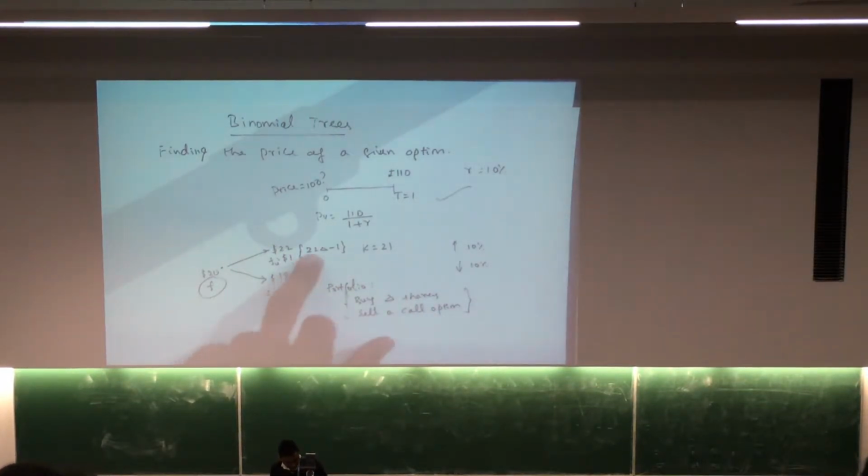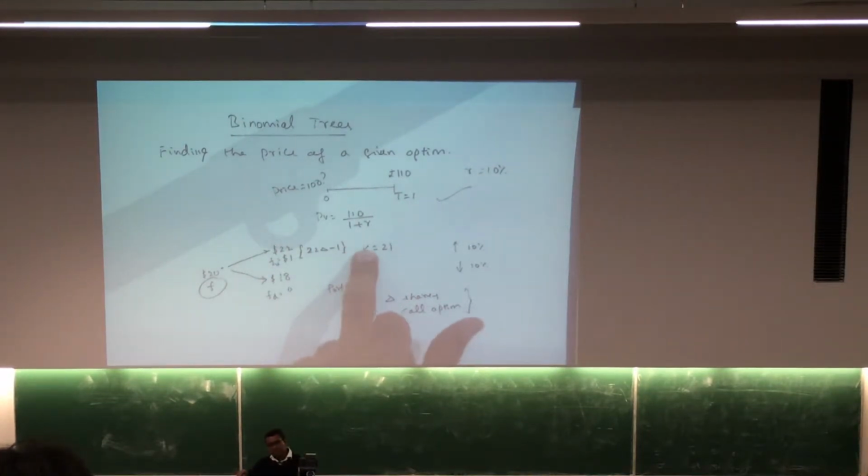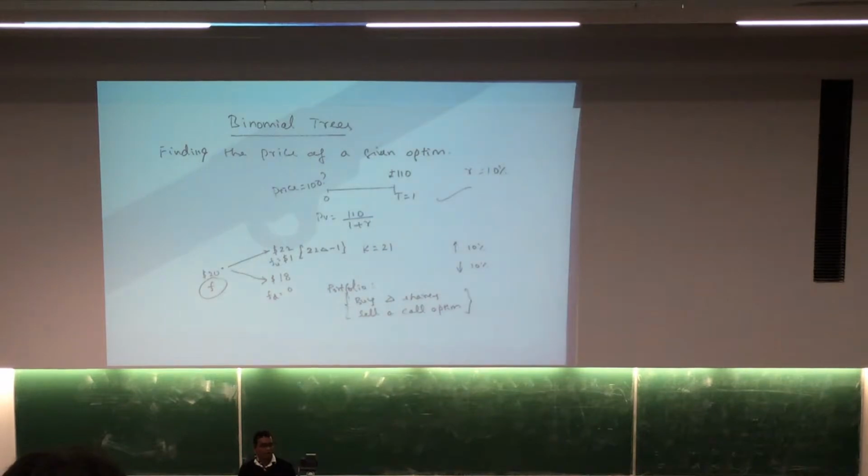So the first part is 22 times delta. And why did I subtract 1? Because according to the portfolio, I sold a call option. Okay? So the value of the call option, that means the value the person who bought the option would see, is $1. So I need to pay $1 to the person who is going to knock on my door. That's why the value of the portfolio for this situation is 22 times delta minus 1.